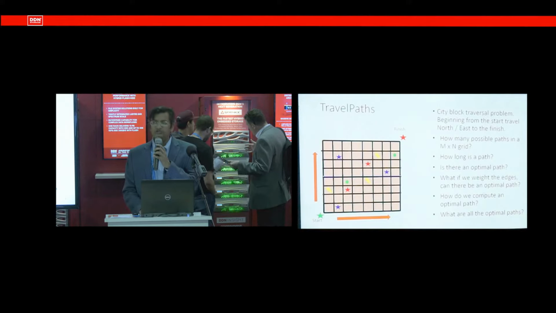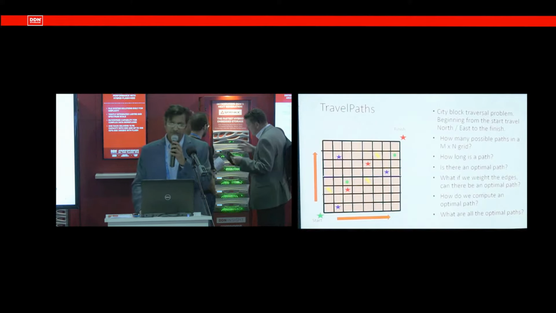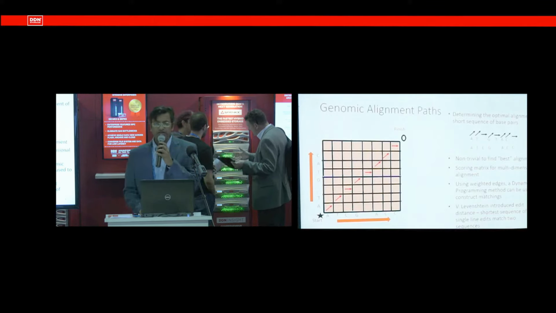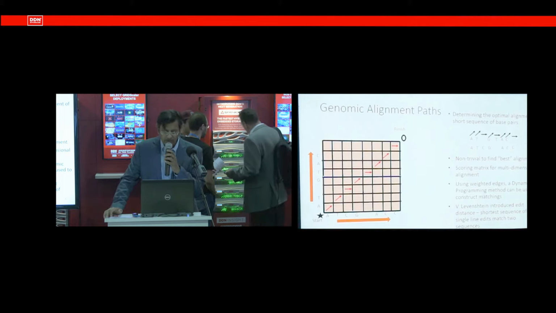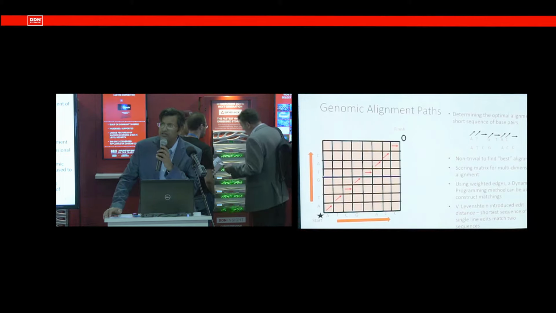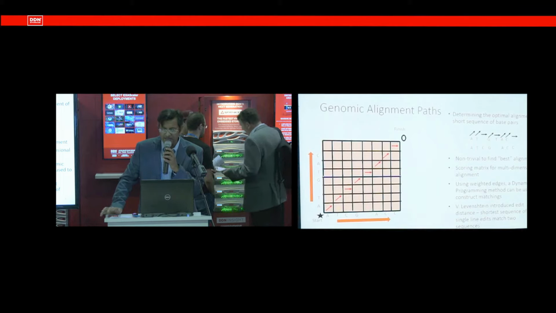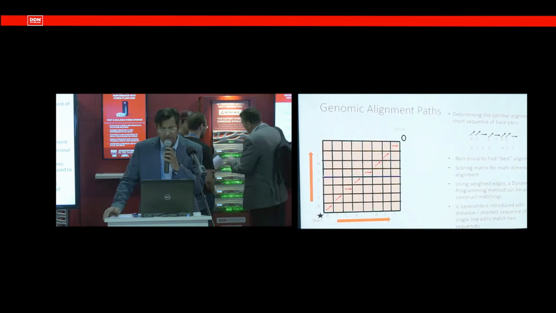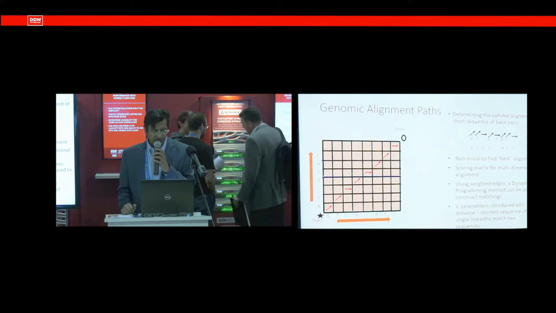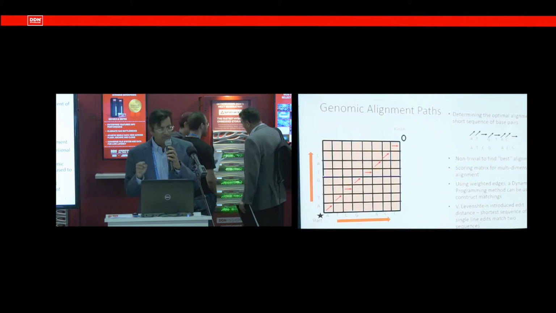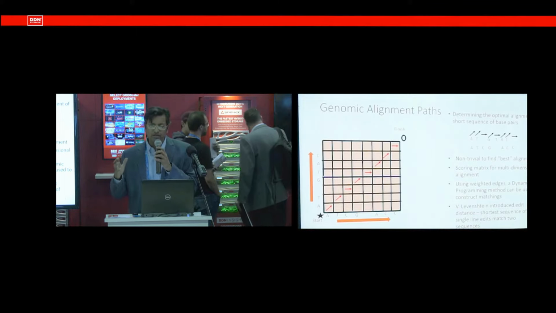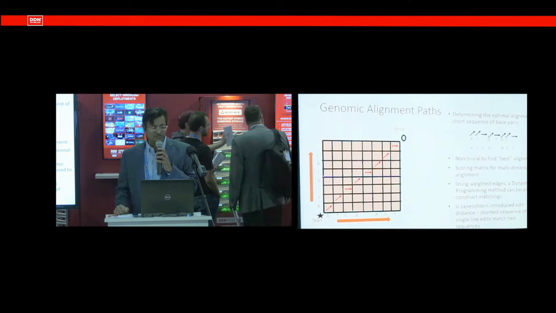And so what does this have to do with life sciences? Well, it turns out it has some really interesting direct implications. When you have a sequence of base pairs that you're trying to align, determining the optimal base alignment for short sequences of base pairs, you can put these in a very similar type of problem, from one axis to the other axis, and then calculate using dynamic programming, with these branch and bound problems.